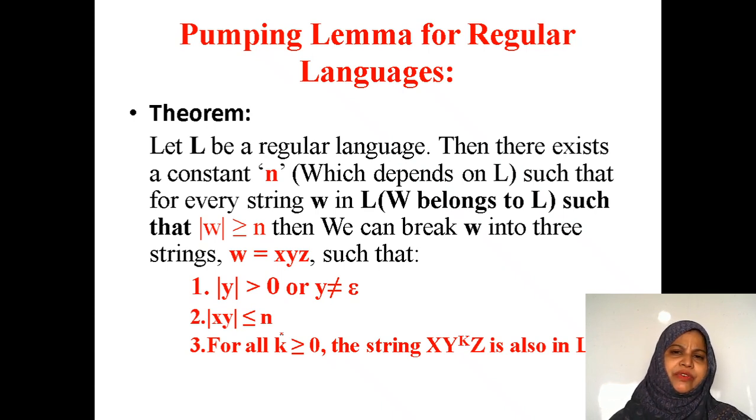Next, the length of xy is always less than or equal to n. This is a property of the pumping lemma theorem. Here we are not going to check anything for xy less than or equal to n. Third, for all k greater than or equal to 0, the string x y^k z is also in L.